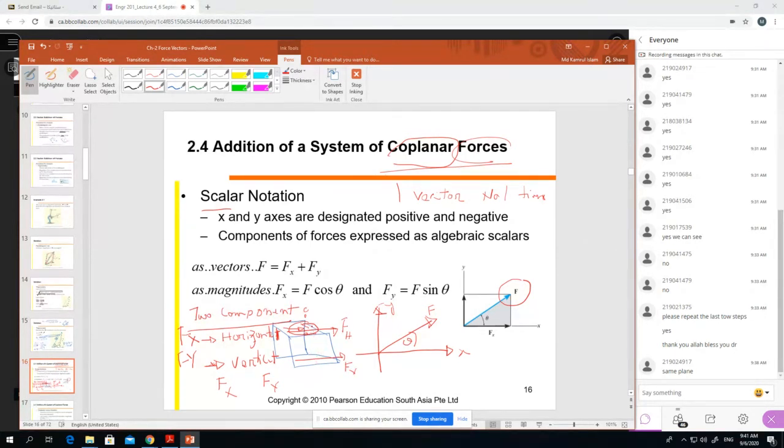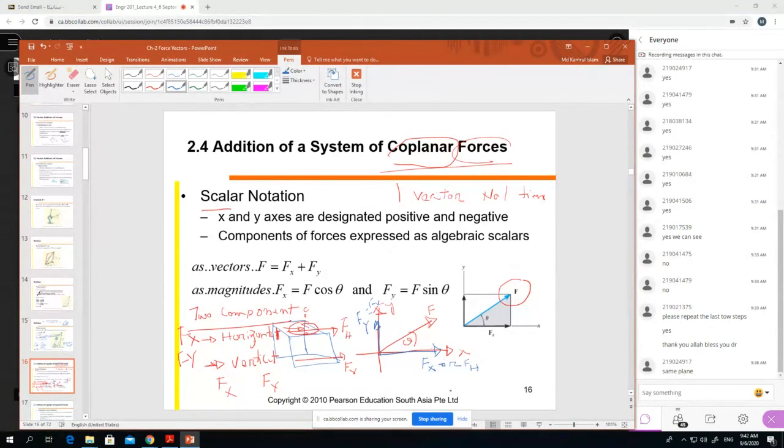Now if this is the force, it will have two components. Always remember, any inclined force will have two components. One is in the x direction, the Fx component. Another one is the vertical component, Fy, or sometimes we write Fh, the horizontal component, or Fv, the vertical component.